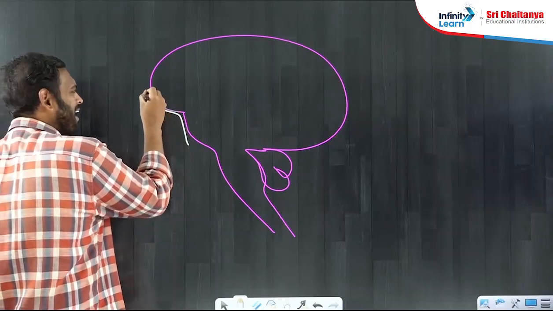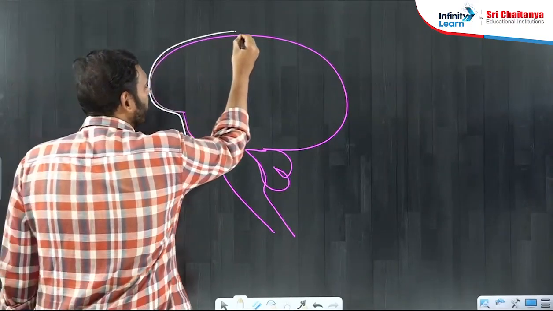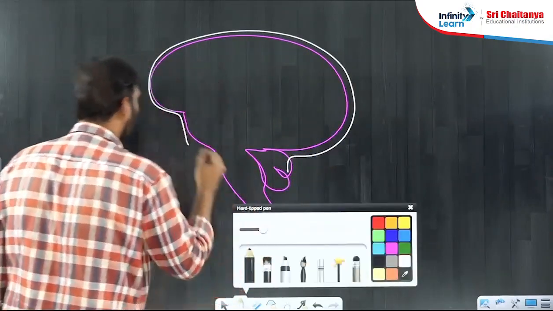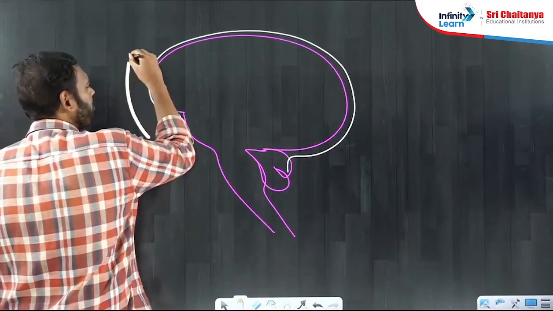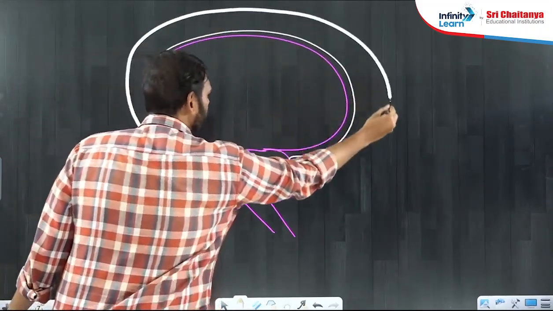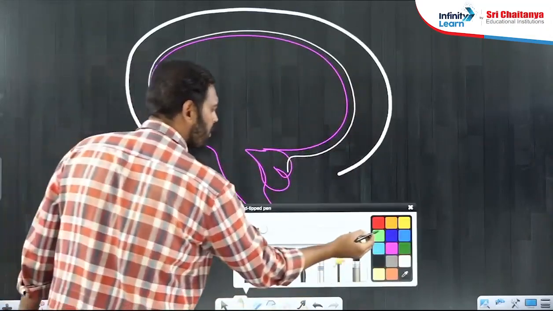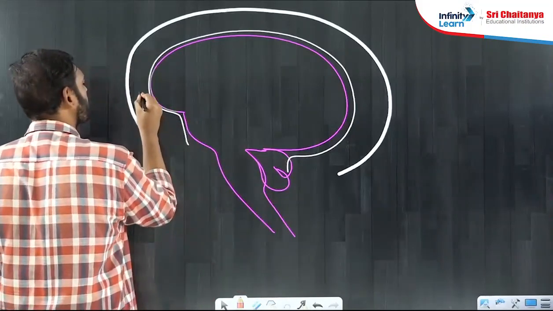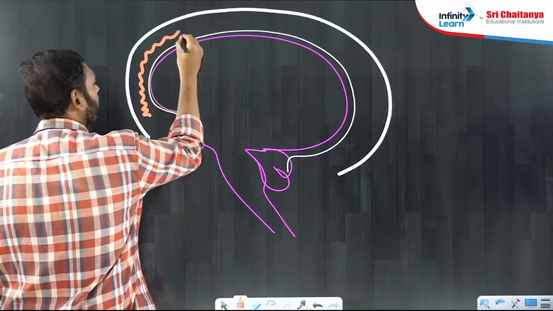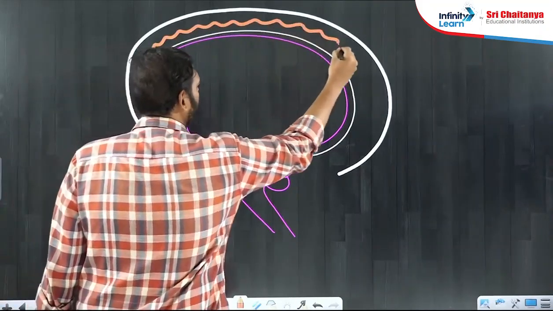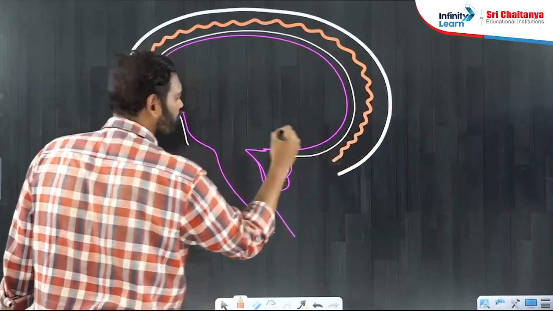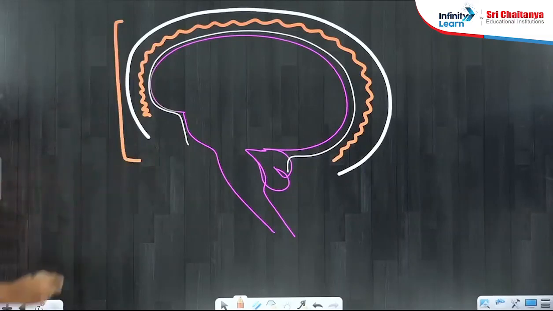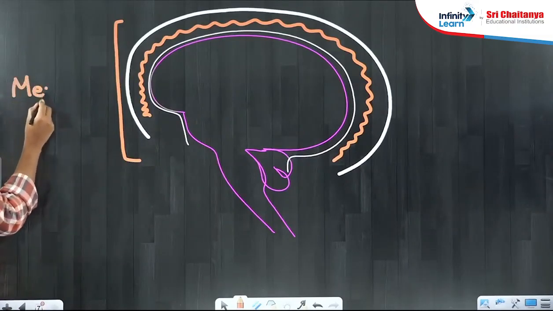A membrane found attached to the brain itself, the innermost membrane, and a membrane which is outside of the brain, which is actually attached to the cranium, and there is a membrane between the outer membrane and the inner, like this. So these three protective layers are referred to as meninges.